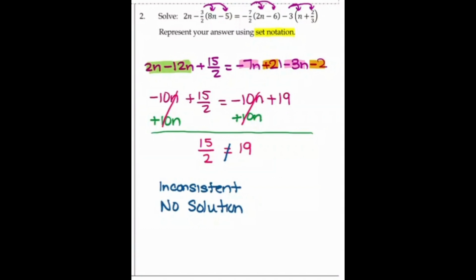But we do need to write our answer using set notation as specified in the beginning. So how do you write no solution in terms of set notation? Only write curly braces, nothing inside. Nothing inside means there is no solution.